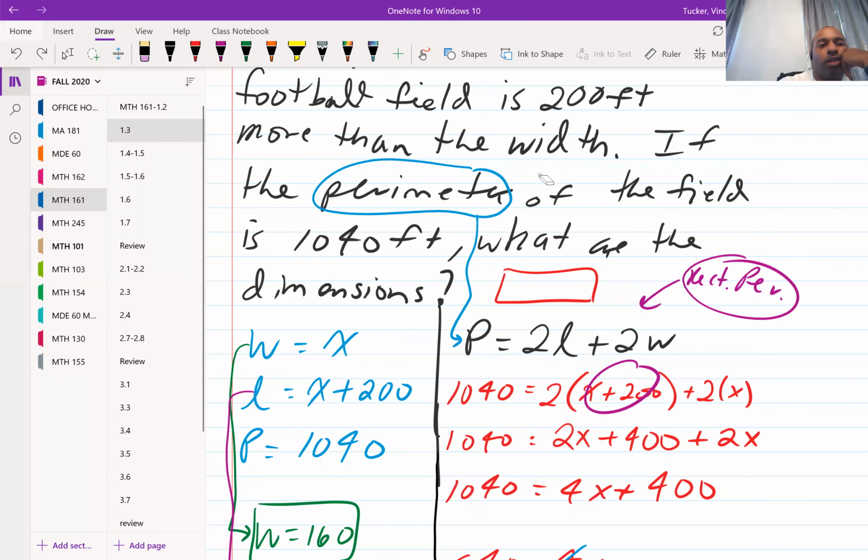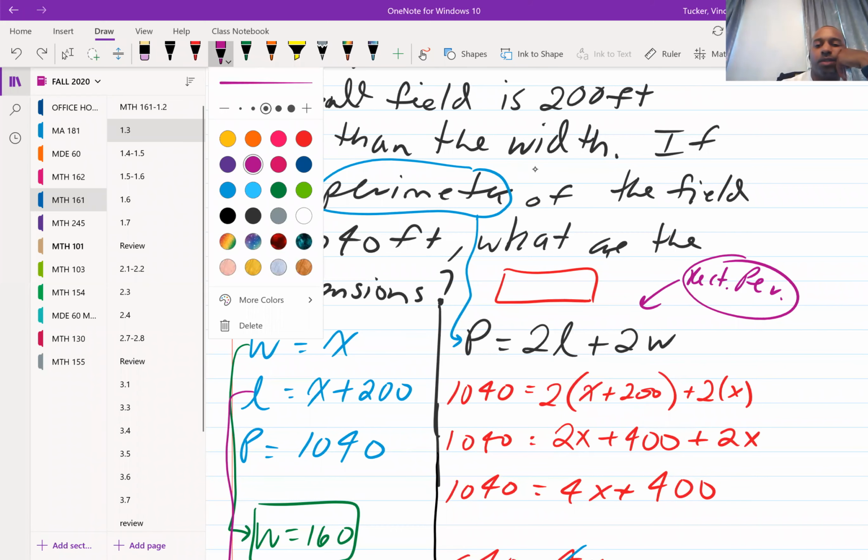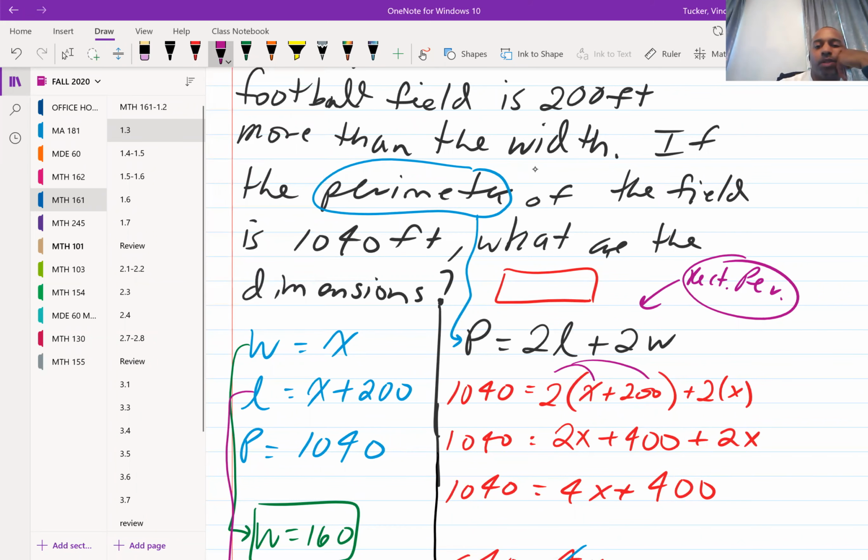From there, we can go ahead and distribute. 2 times X, 2 times 200. So that's 2X plus 400 plus 2X. Combine your like terms, 2X and 2X, which gives us this 4X right here.